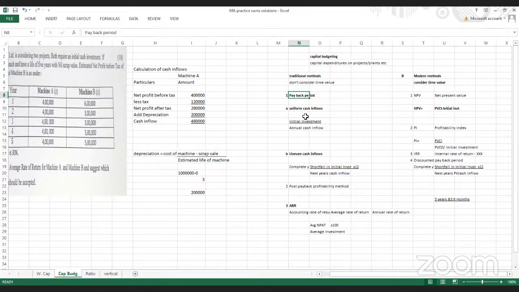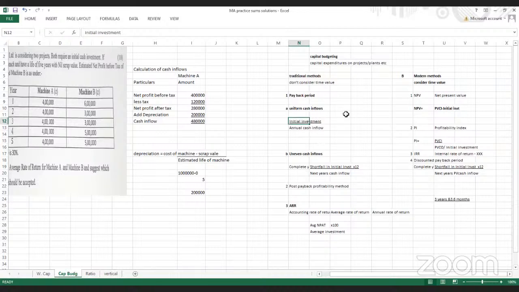Now again here we have 2 types of inflows: uniform cash inflow, which is for machine A, and uneven cash inflow. In machine B, profits are different every year, so every year cash inflows will be different. But for machine A, uniform cash inflows are there. So we will use this formula: initial investment upon annual cash inflows for machine A.